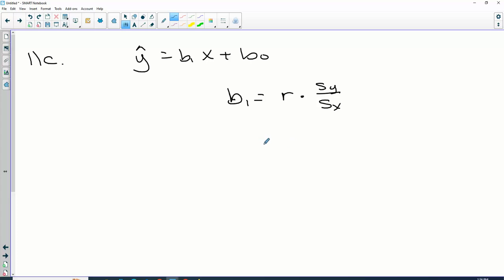So if I want to find that, we go back. The r value from part B, now there is rounding error, so depending on how many decimals you kept, times standard deviation of y from our calculator on part A, divided by standard deviation of x on our calculator from part A.